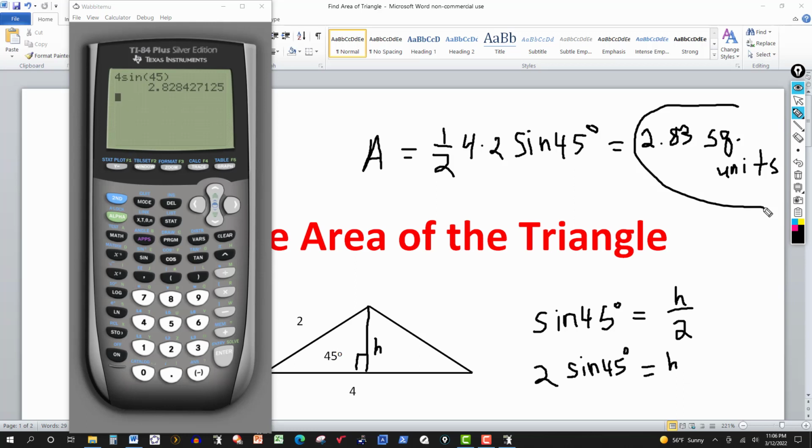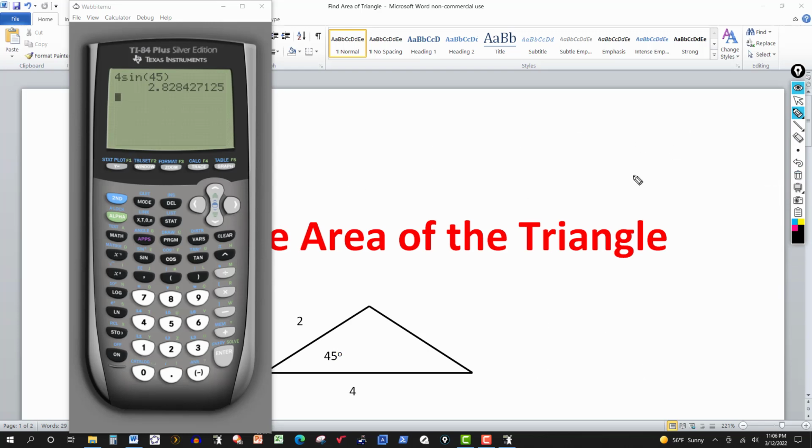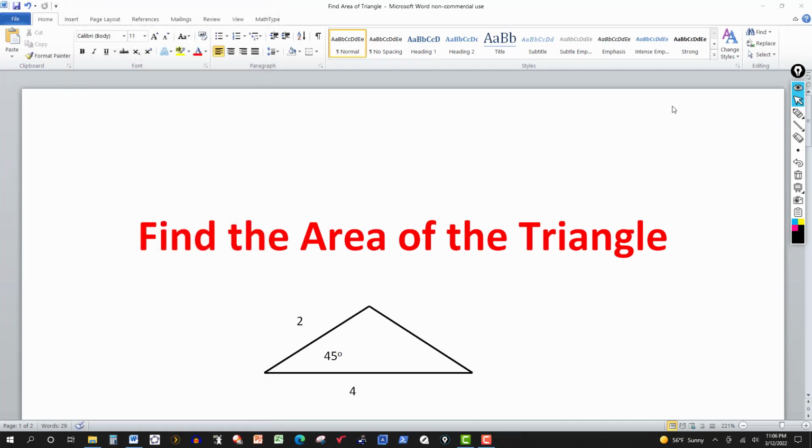So now this would suggest then, if you have a triangle with two given sides and the included angle, you can find the area based on what we did here. And that is a true statement.